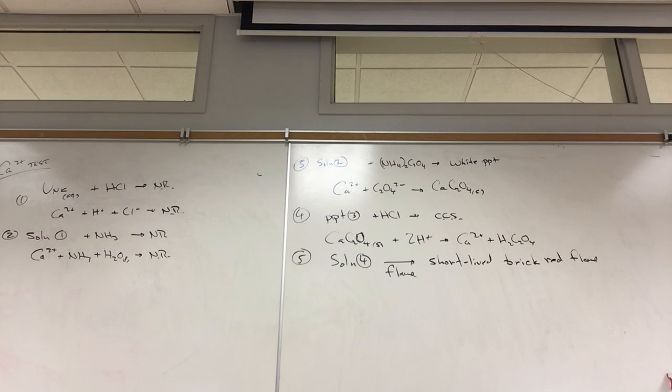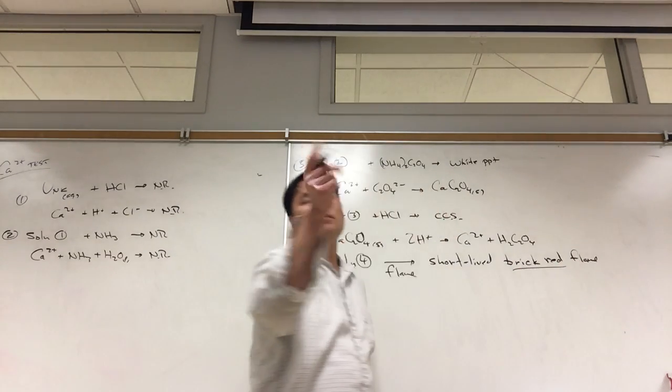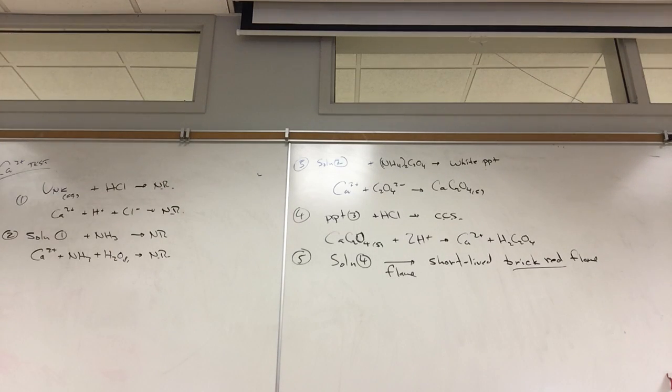If you want to see what the brick red looks like, we have calcium chloride. Hopefully it hasn't been contaminated. But in the dropper bottles, you'll find some calcium chloride or calcium nitrate. You can test that directly in the flame and see what color it should be. If those have been contaminated, somebody accidentally putting something in there like sodium ion or whatever, then it'll be hard to see.